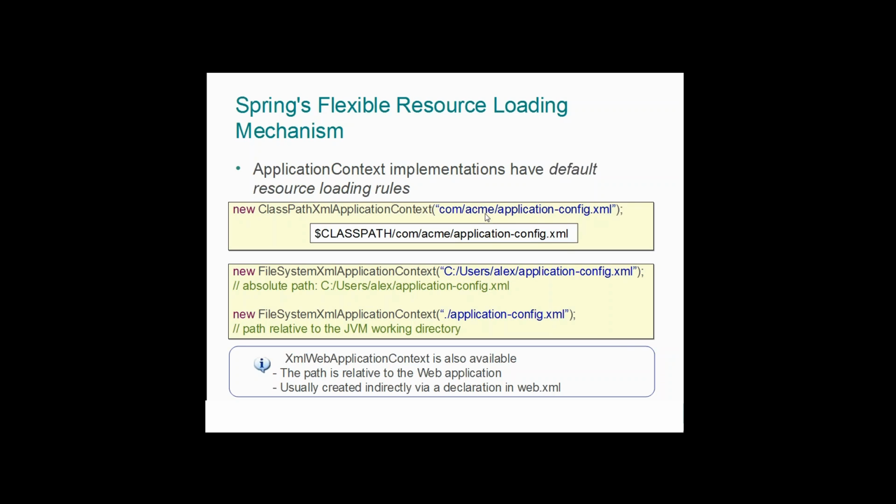Okay, and this XML file will always be picked up from the class path because you are using a ClassPathXmlApplicationContext. For some reason, if you want to get the application configuration XML file from the file system, in that case you can use the FileSystemXmlApplicationContext, where you can provide either a fully qualified path, which is an absolute path, or a relative path.